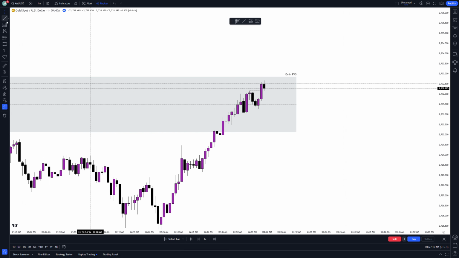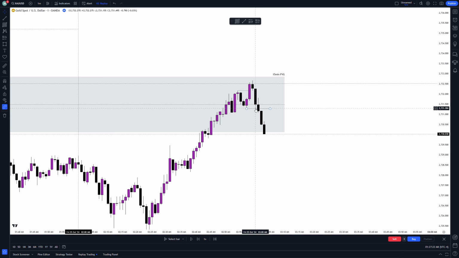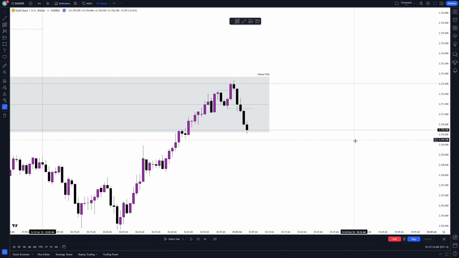Let's see if we get this low break with displacement, right? Displacement is equal to fair value gaps. Let's see. So now, yeah, you can see the low has been broken with displacement, and we have closed below this low. It means we now have the change in the state of delivery, or market structure shift, right?